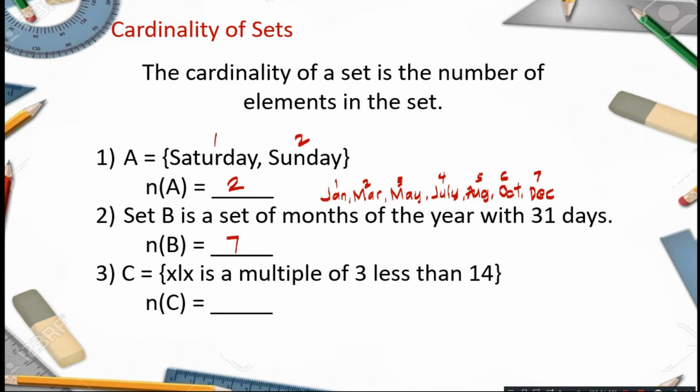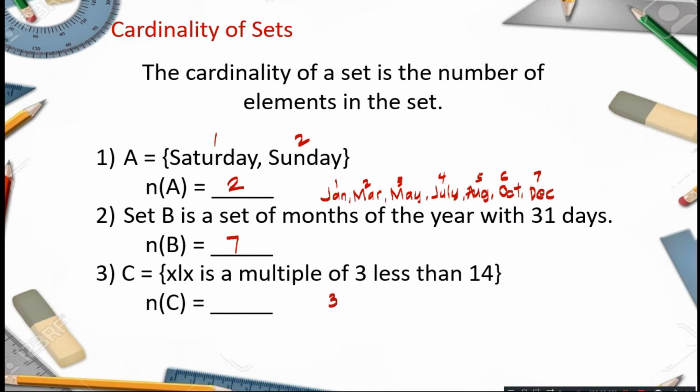Finally, set C is a set of all x's such that x is a multiple of 3 less than 14. So let's write down all the elements of this set. So let's list the multiples of 3 less than 14.